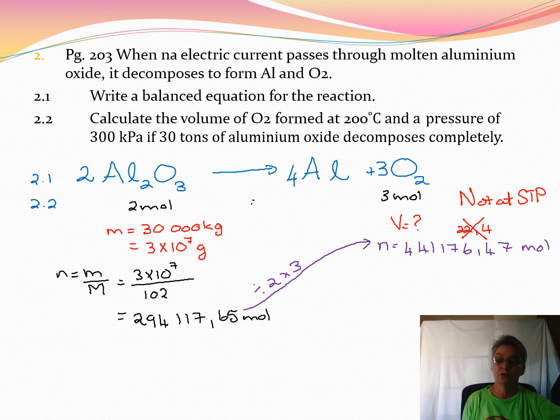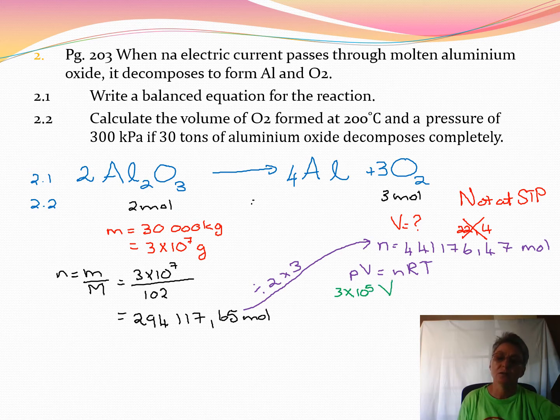Now, not at STP. So that means I need to go to my basic gas equations. So the ideal gas equation, PV equals nRT. And I need to remember that this pressure must be in pascals. So the pressure in pascals will be 300,000. So it's 3 times 10 to the power 5.